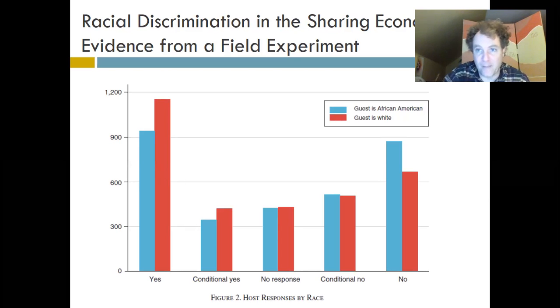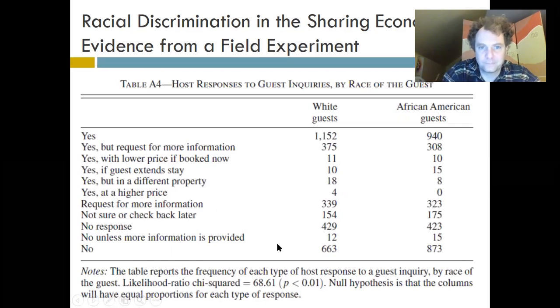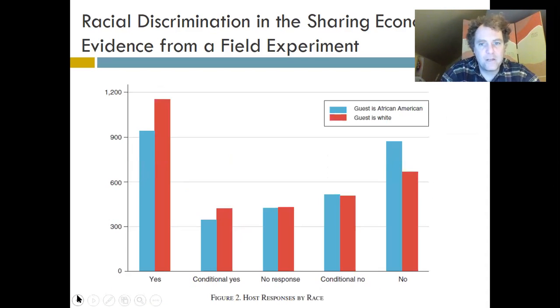So a difference of about 8%, and a statistically significant difference. They break this down, and you can see the row numbers here. Conversely, African American guests were more likely to get a straight up no answer.